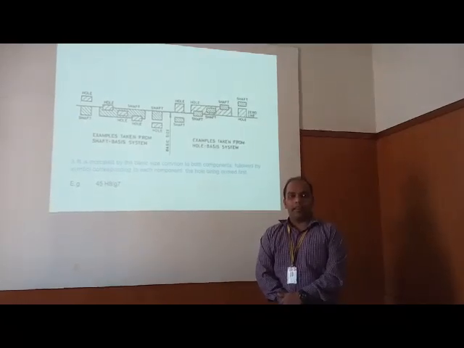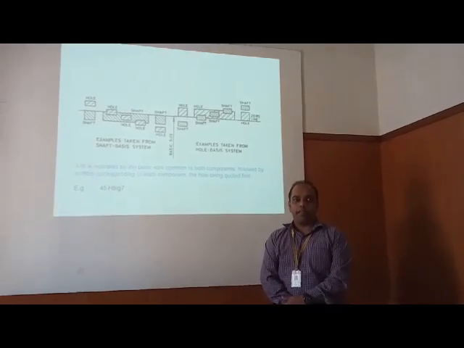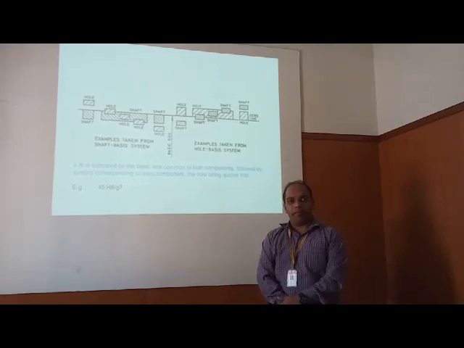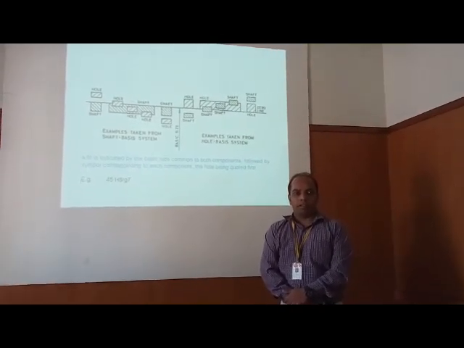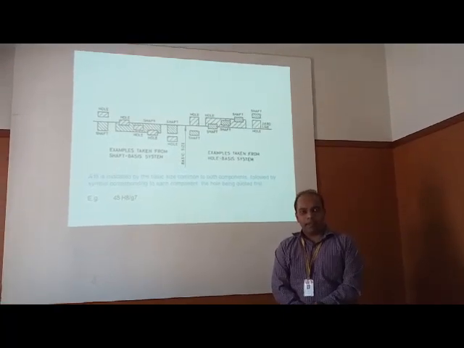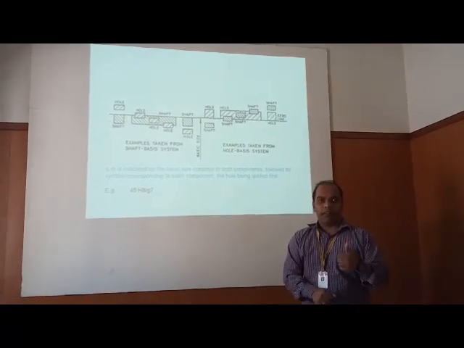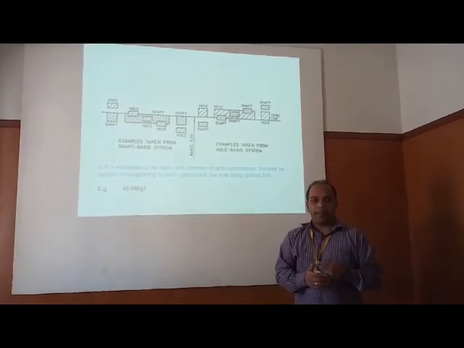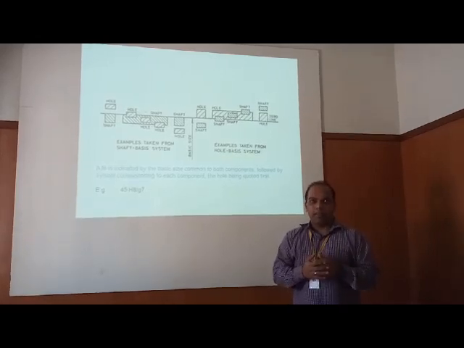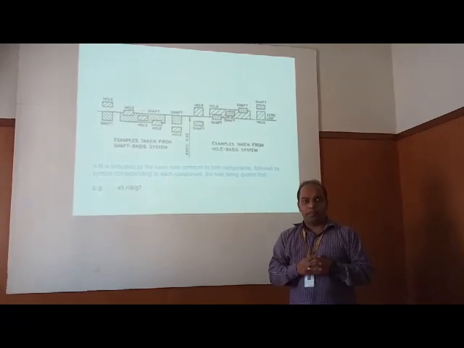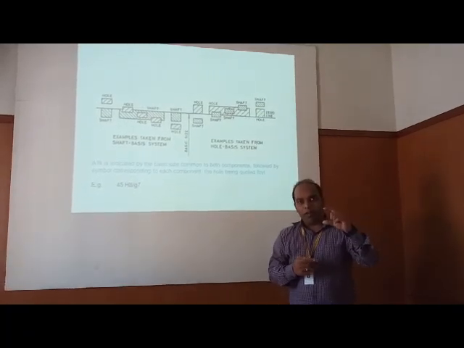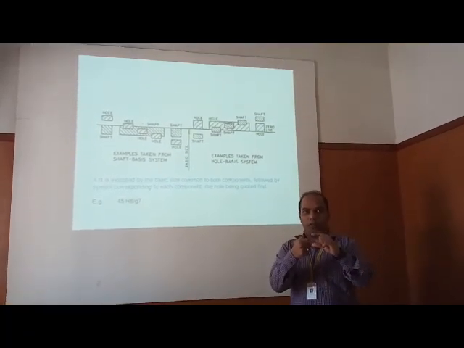Good afternoon, friends. Already in the last lecture, we have seen the information regarding limits, fits, as well as tolerances. We have seen the three types of fits: first, clearance fit; second, interference fit; third, transition fit. Also, we have seen a few of the things where a shaft was getting engaged onto the hole.